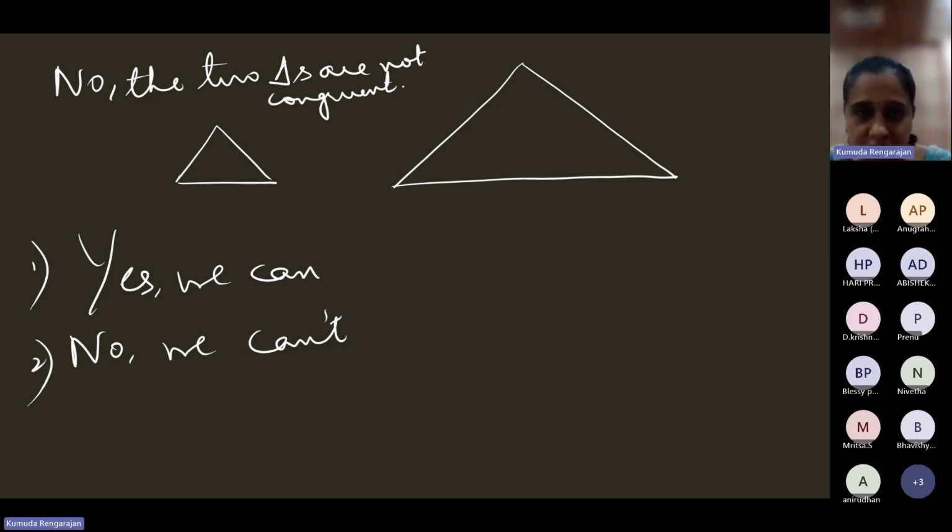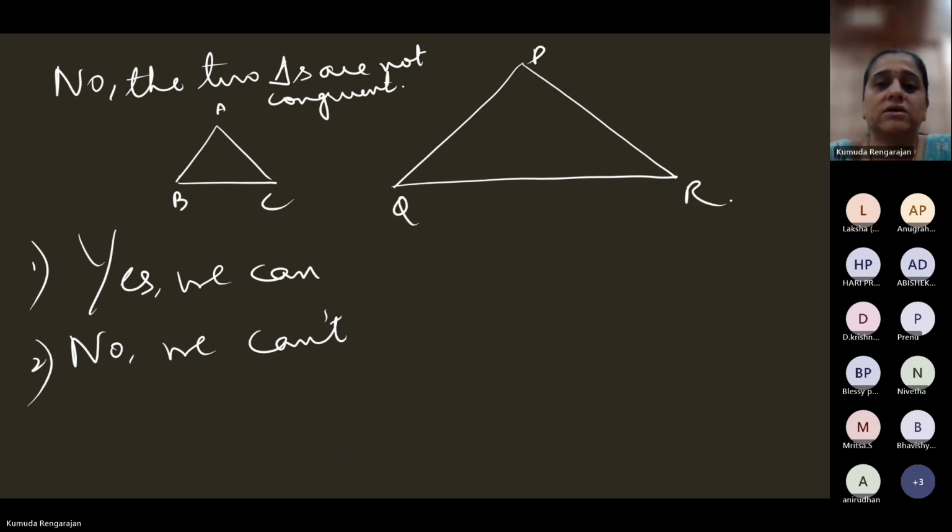If you're given these two figures in your exam, and you have options, triangle ABC, the two triangles are congruent is one option. The two triangles are not congruent is the other option.